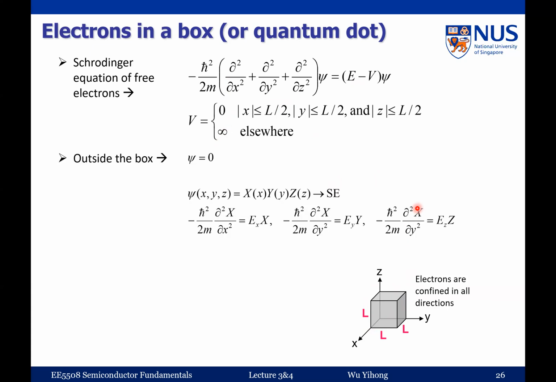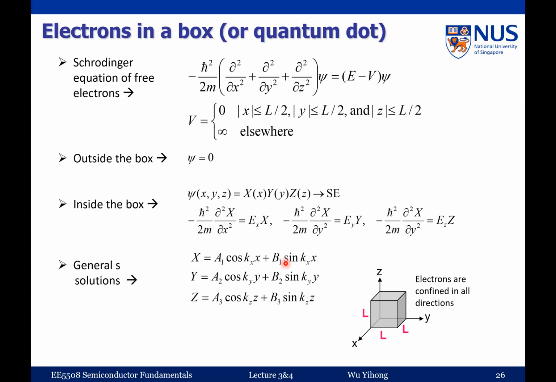And then we again use the separation of variable method, and you have three second-order differential equations for electrons moving in all three different directions. After that, you have a general solution. It means that you have a standing wave in all three directions due to this strong confinement.